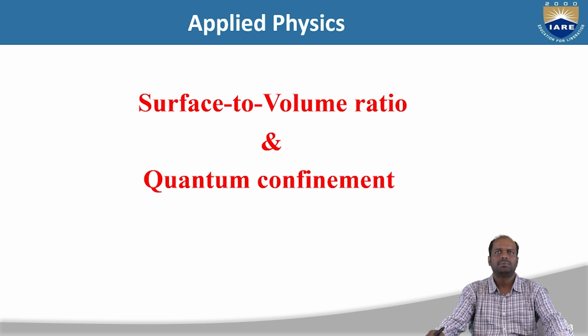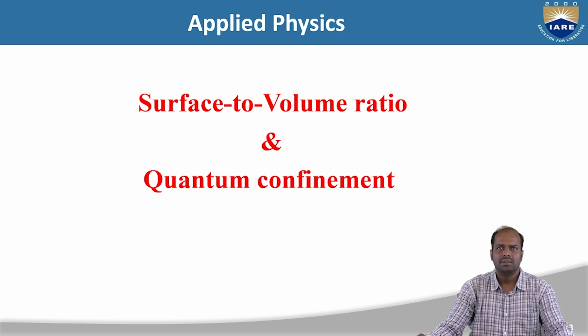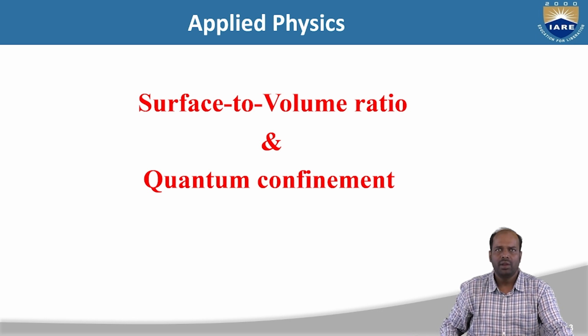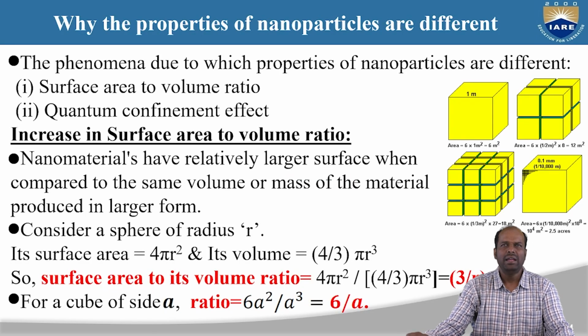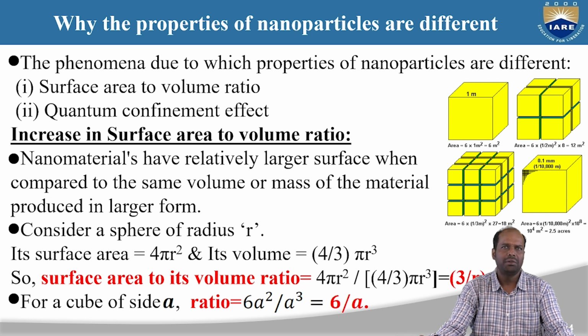And before going further, surface area to volume ratio and what is meant by quantum confinement, we are going to discuss first. Why are the properties of nanoparticles very different?